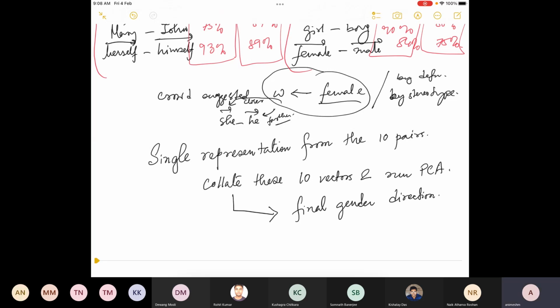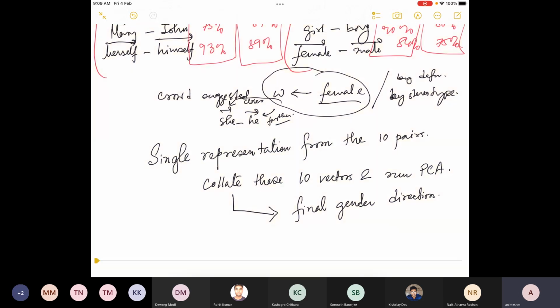Once they did this PCA to identify the final gender direction out of those 10 vectors, they wanted to see how good the top principal component is.